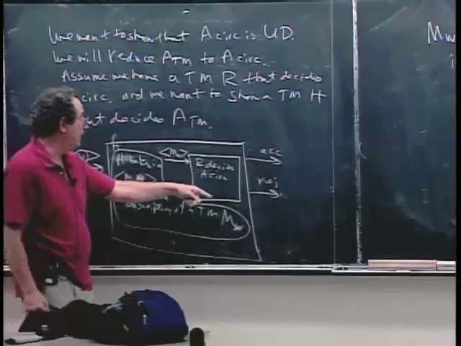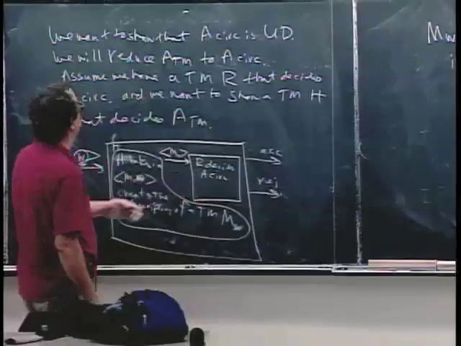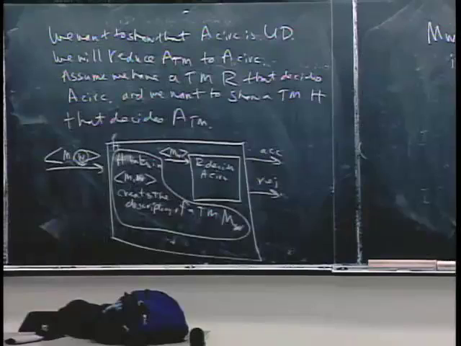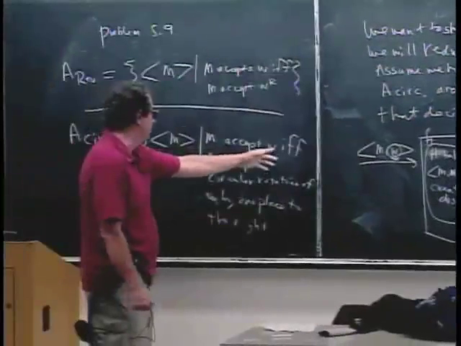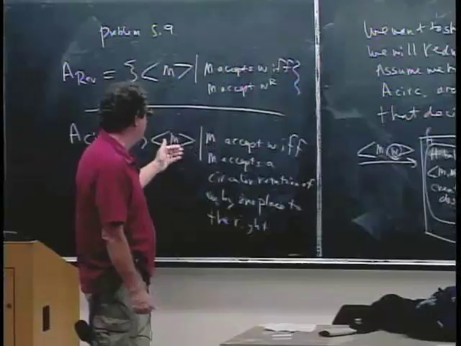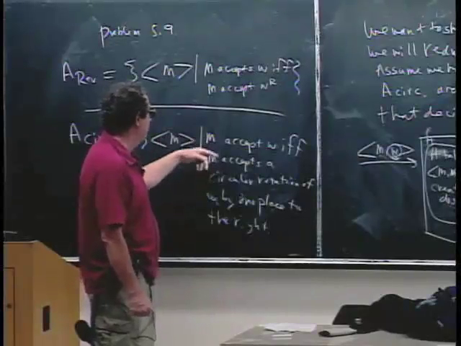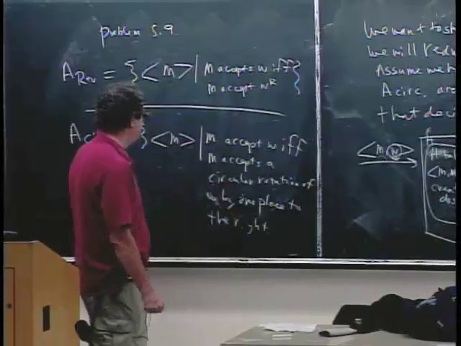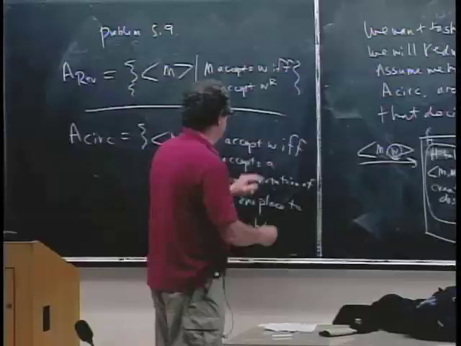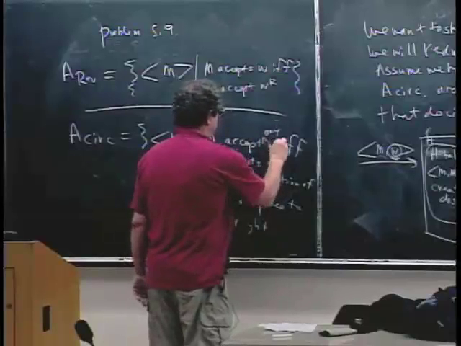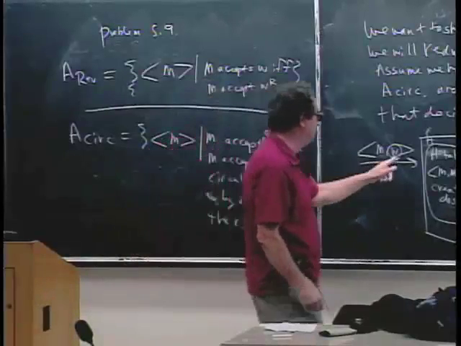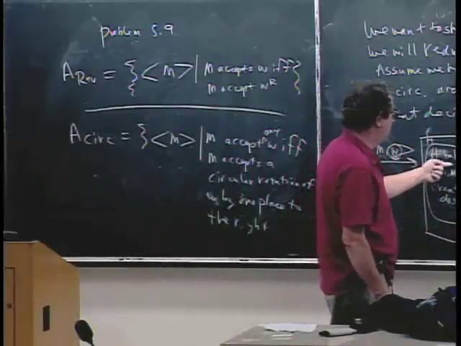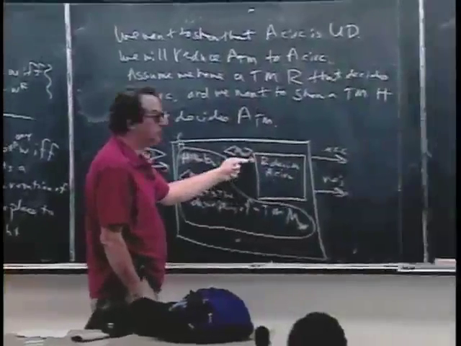Right? Now, what's R? It's a Turing machine which can take in a description of a Turing machine M and accept it if and only if whenever it accepts a string, it accepts a circular rotation. Now this is any W, whereas this is a specific W. All right, so into R comes the description of MW.